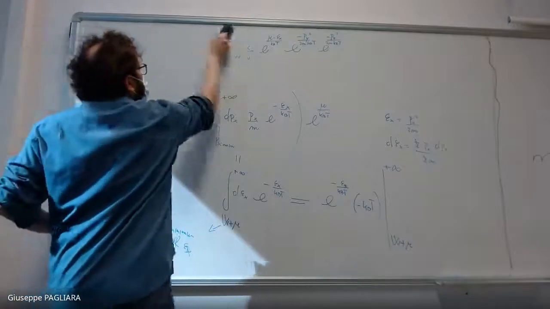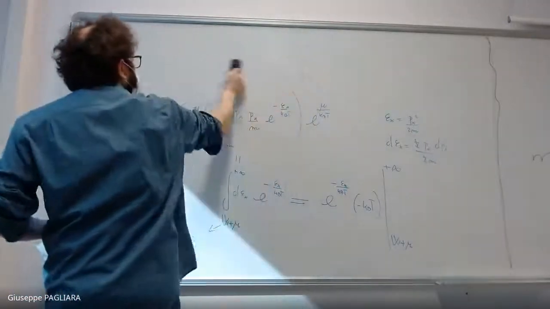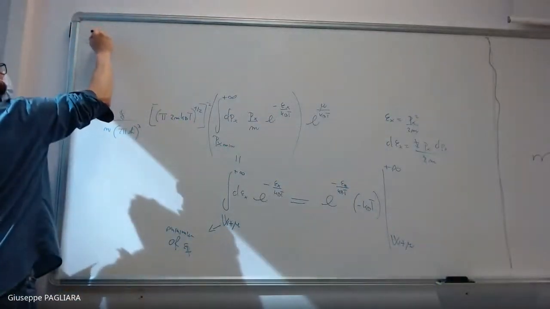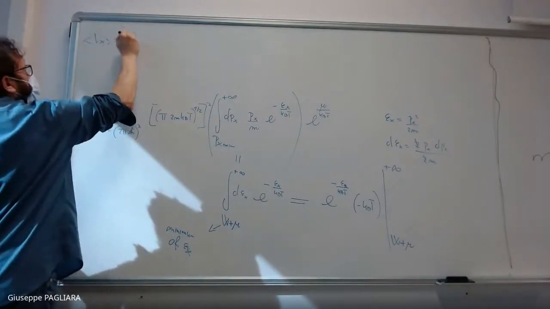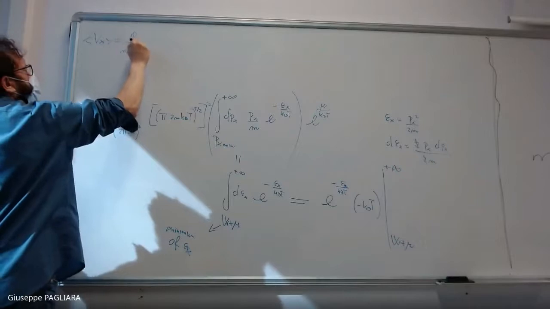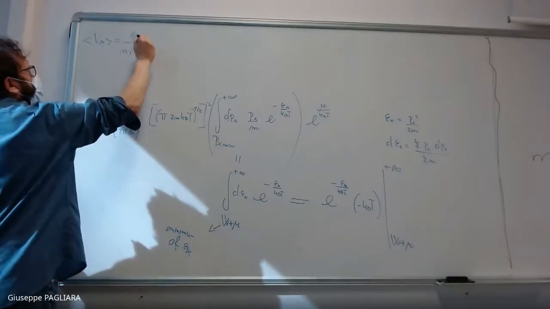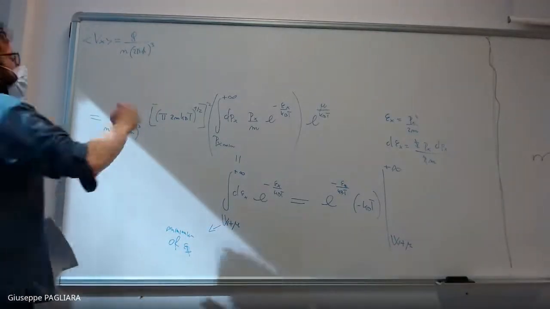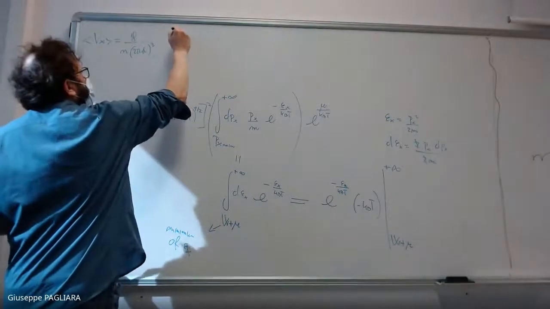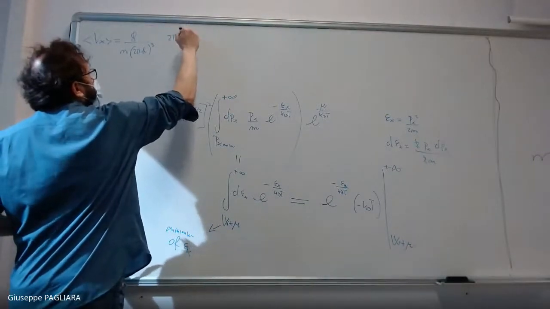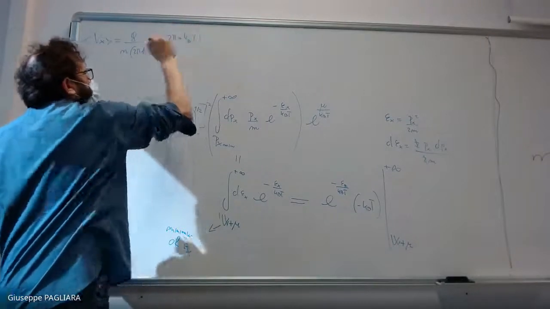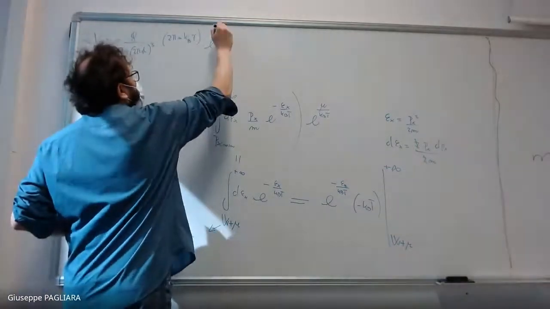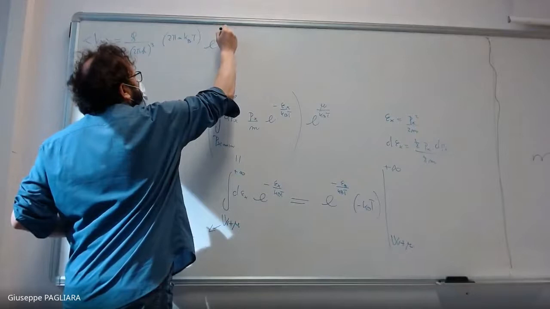So finally, we have this expression. This average of Vx is provided by G divided by N, then there was 2 pi h to the power of 3, then there was this term here, which is 2 pi m kbt. And that's it. Then I have the exponential of mu divided by kbt.